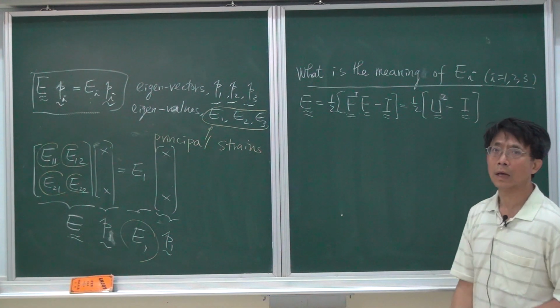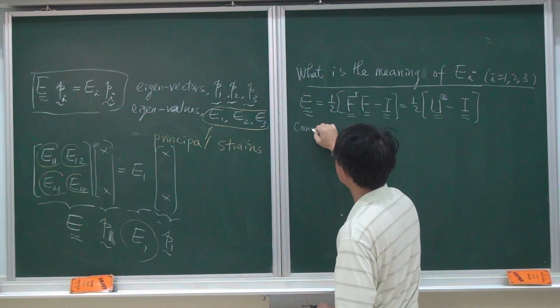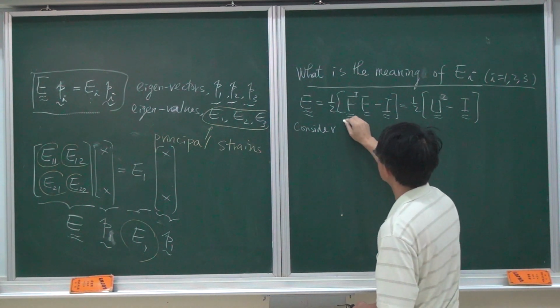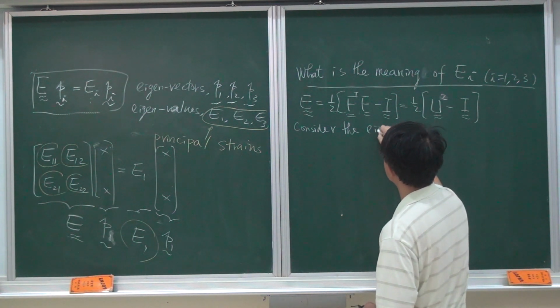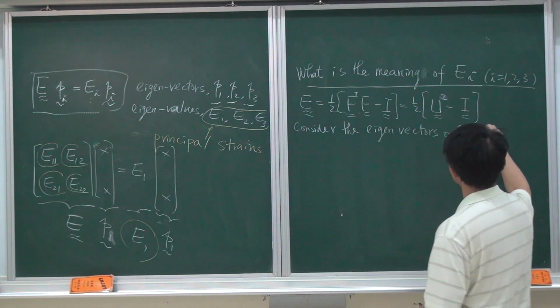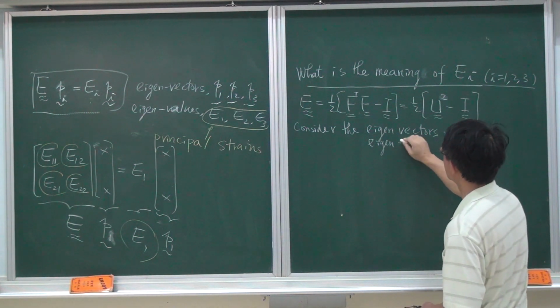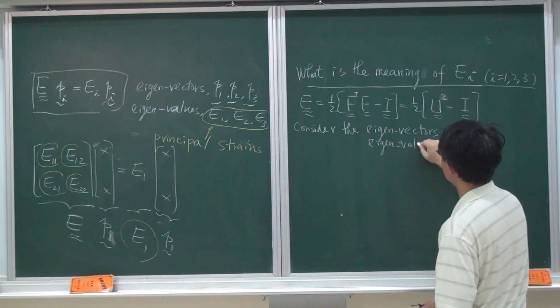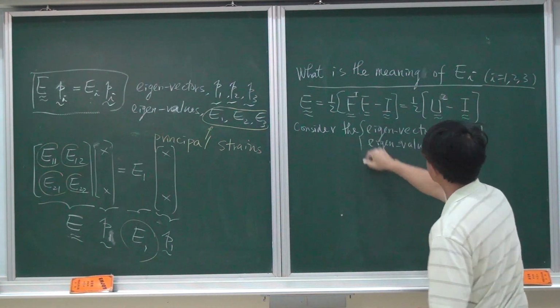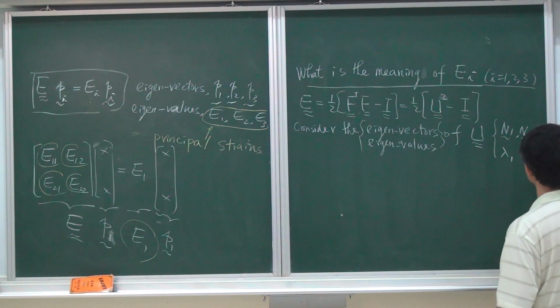Right? Okay, consider the eigenvectors and eigenvalues of U, that is n1, n2, n3, lambda 1, lambda 2, lambda 3.